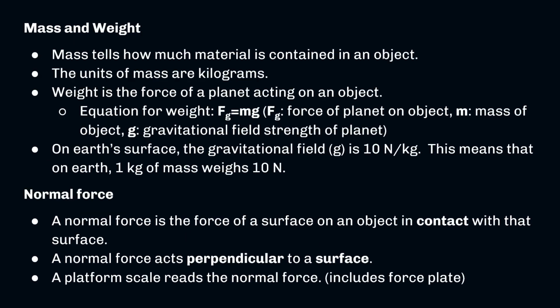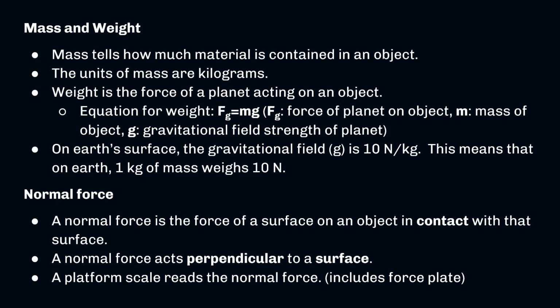So let's get to our final facts here, for mass and weight and normal force. Mass just tells how much material is contained in an object. Essentially, if you went to a different planet, your mass would not change because it's just how much of you exists. Versus your weight, which is dependent on the gravitational field strength of a planet. So this is the force of a planet acting on an object.